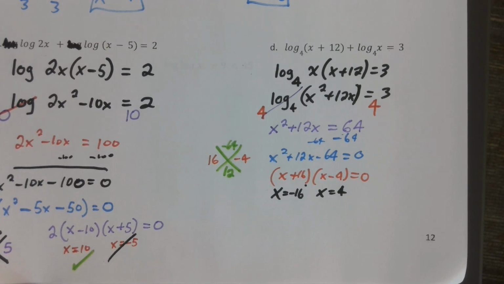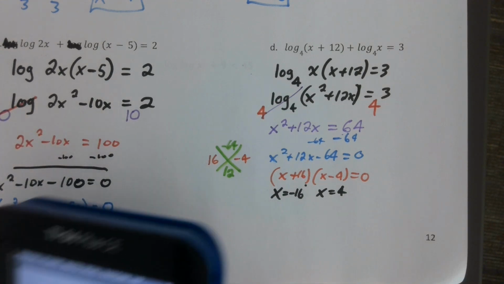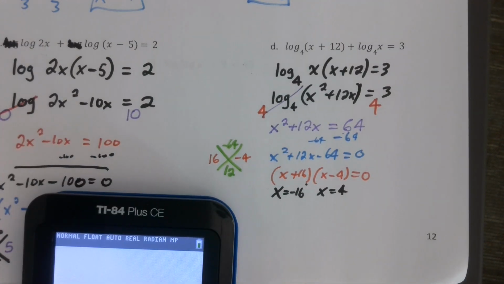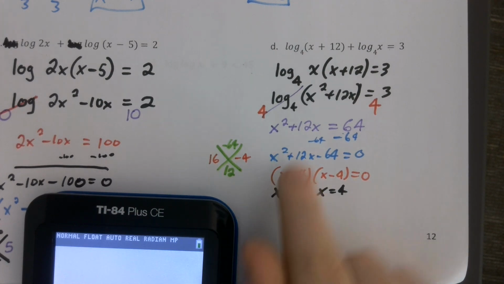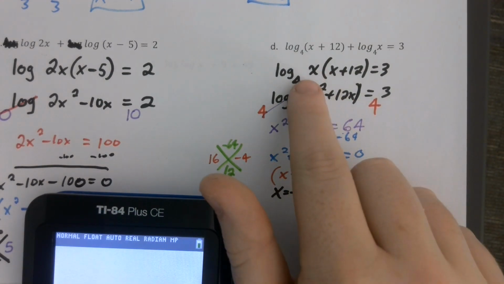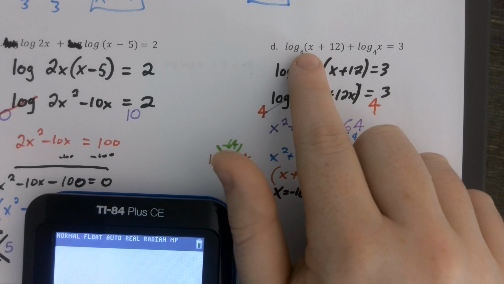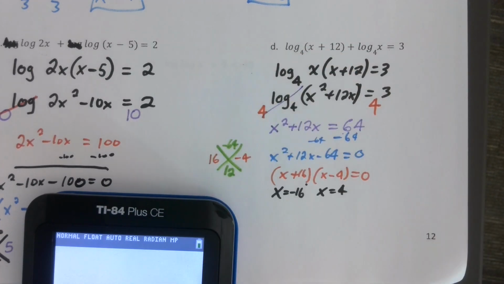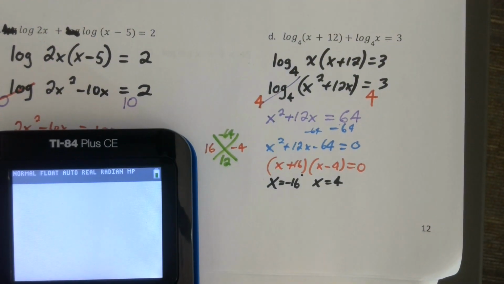But right away as we check this, we will see that we will get some extraneous solutions. Why? Well, because remember that we cannot take a logarithm that has a negative argument. It's just not possible. At least not with positive x values. If we plug in negative 16 into our original here, negative 16 plus 12 is negative 4.